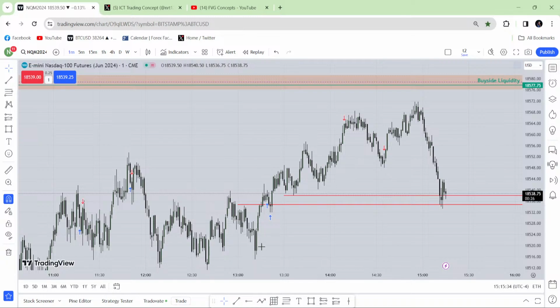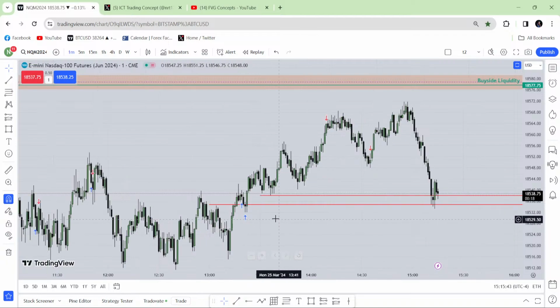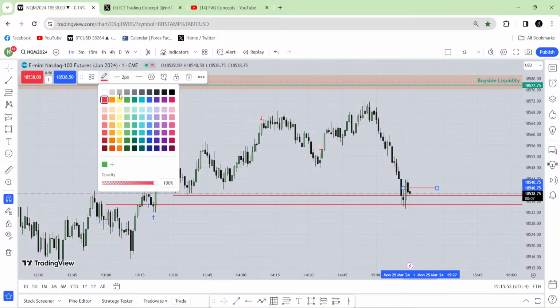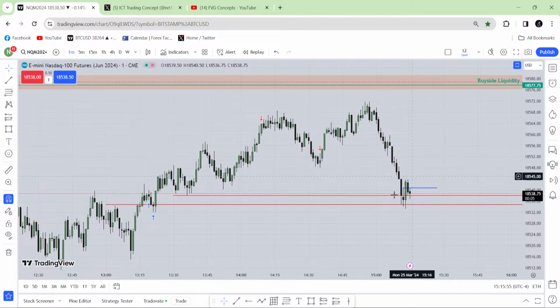There was no entry fair gap, so there is nothing. These lows didn't trade any kind of fair gap around that area. So I can't just go for that first fair gap entry, but still I will observe this gap. For here I'm going to mark it.